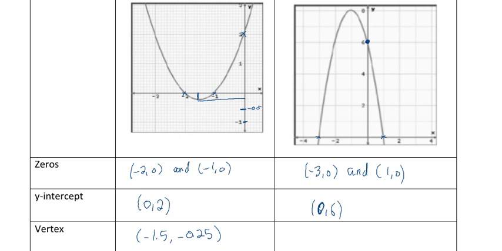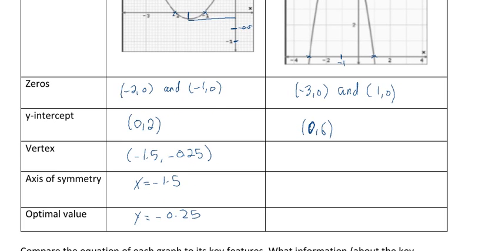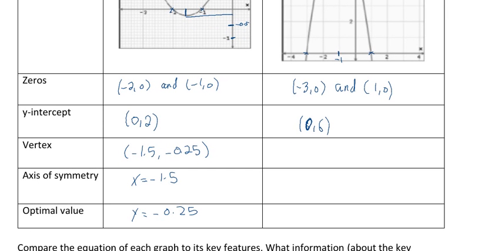Negative 1, 8. So the axis of symmetry is x equals negative 1, and the optimal value is y equals 8. Okay? So we got all this information from the graph itself.